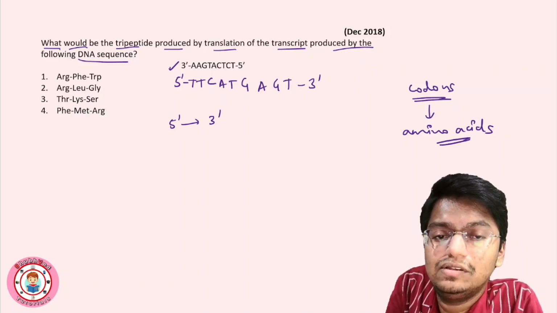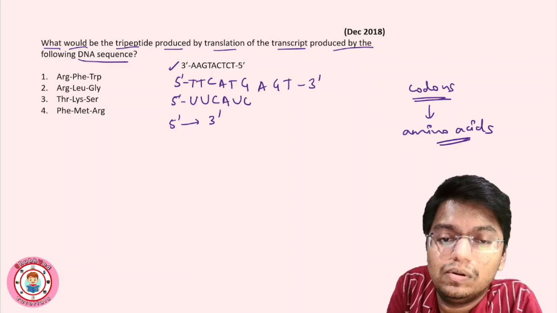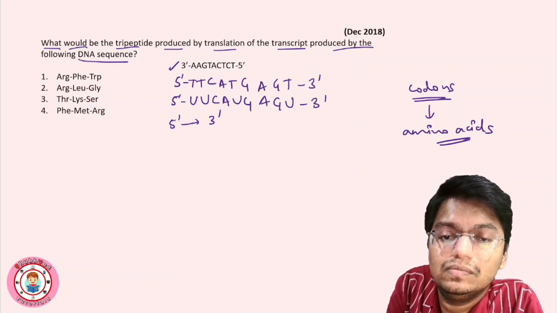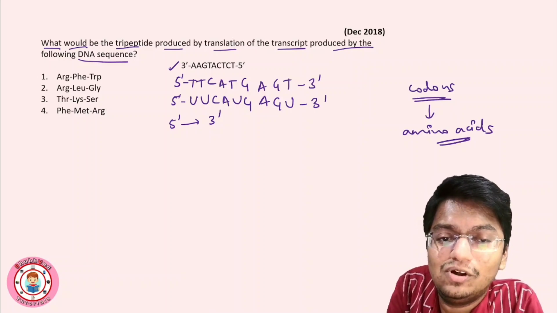Now just replace T by U, because in the RNA T is replaced by U. Got it? Now this is simpler to solve.